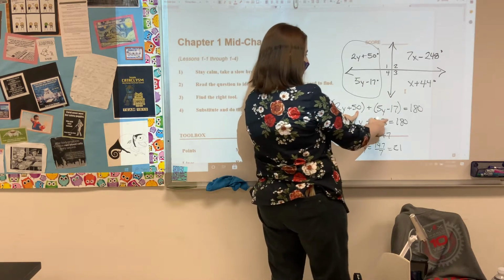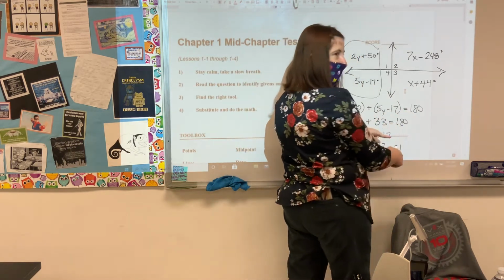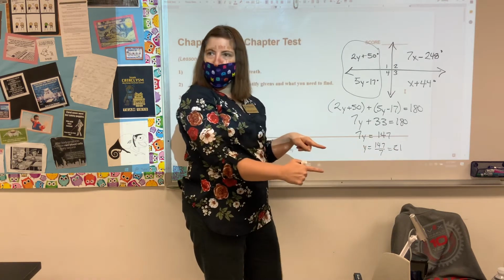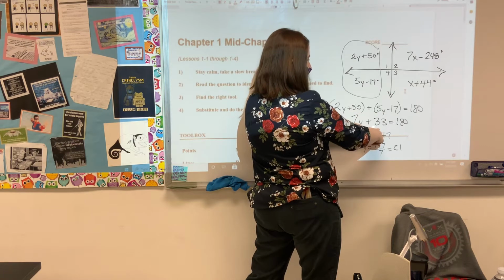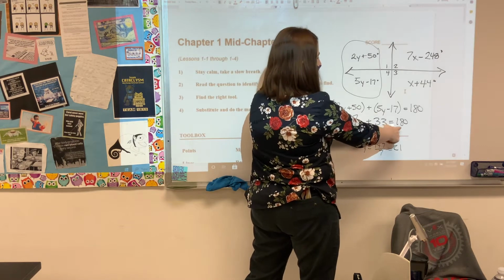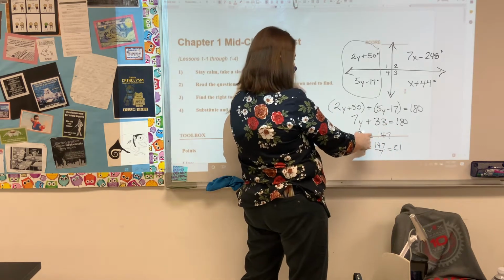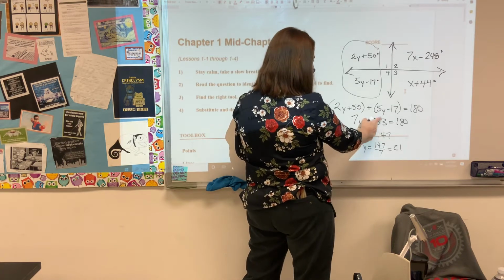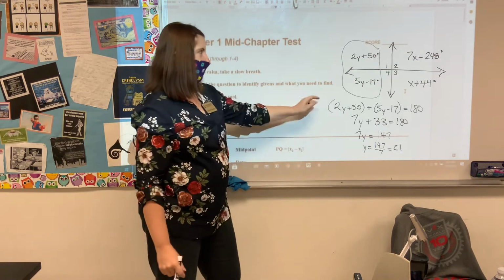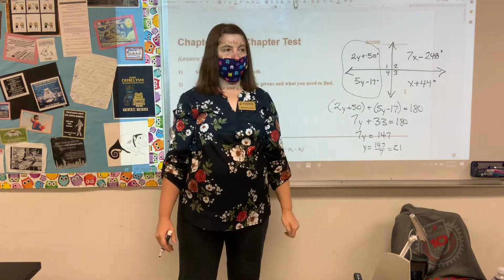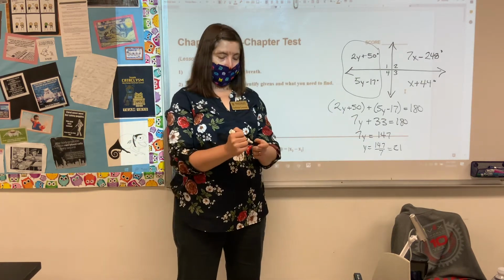Sometimes when I start trying to do this and this and this all at the same time, I make mistakes. So that's why I decided, well, I'm just gonna do the 50 minus 17 on this side and deal with that later with the 180. And I'm always double checking 170, 180, if I add these two together. So I can solve for x in a very similar way. Okay?